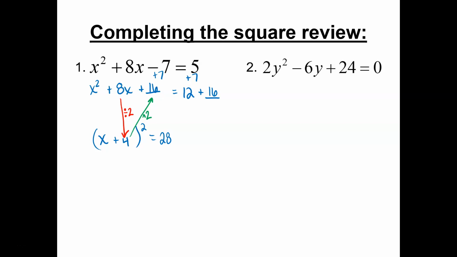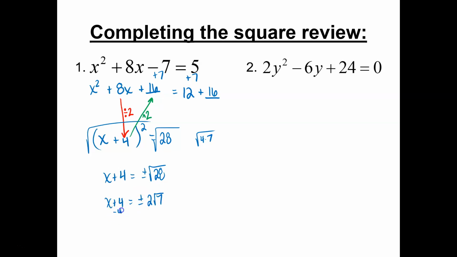And really this is as far as we're going to have to go for circles, but if you're solving that, now you can square root both sides. So x plus 4 will equal plus or minus the square root of 28. 28 is 4 times 7. So we could make that x plus 4 equals plus or minus 2 root 7.